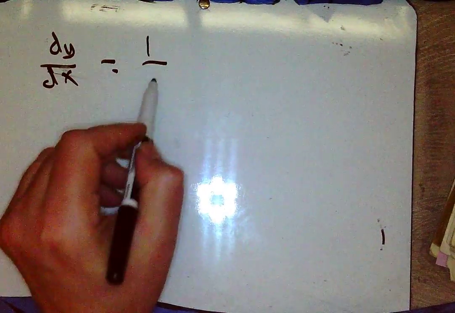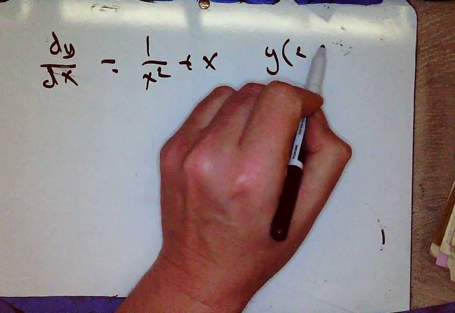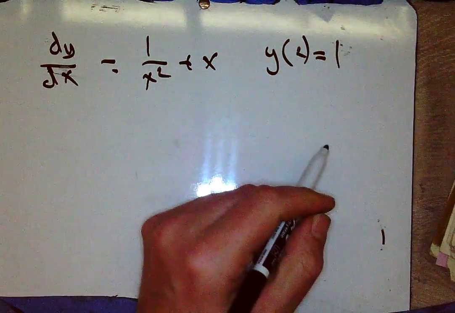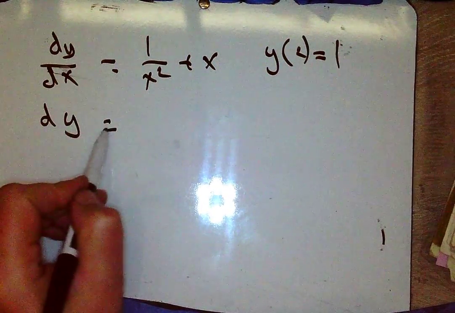Hey, what about number 2? Here we're told that dy dx is equal to 1 over x squared plus x, and that y of 2 equals 1. Okay, so separation of variables.